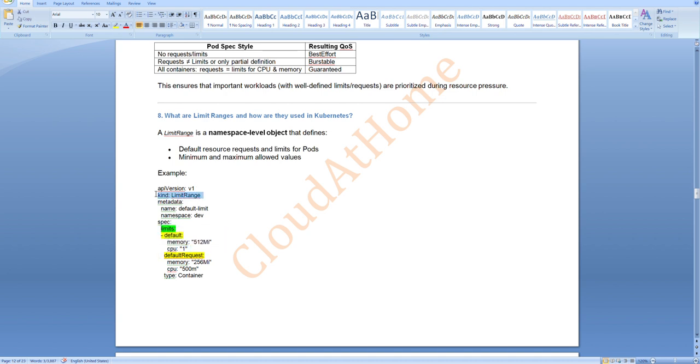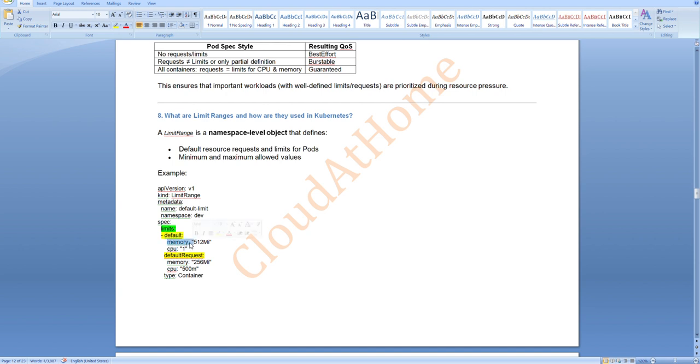You see, it is a different object itself. The kind is LimitRange. You have to declare a limit range, its name and what namespace you want to keep. On top of the namespace, now the limits are defined. On the dev namespace, a limit is defined.